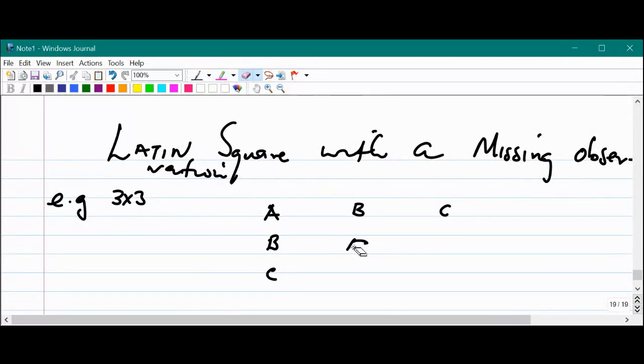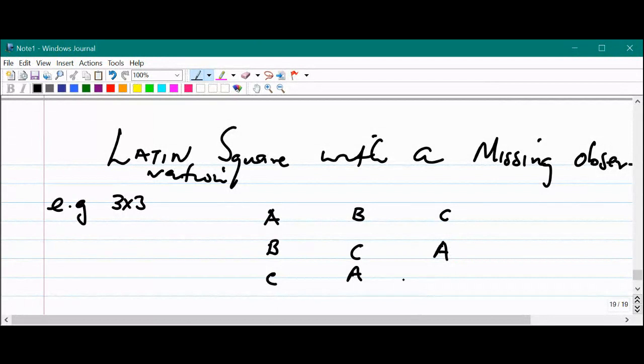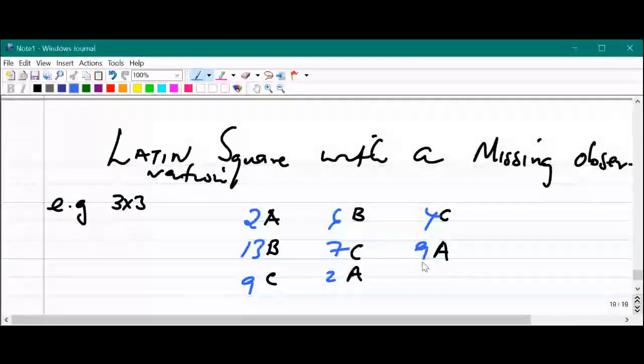No, I said CA. Let's go: AB. We have the values here, maybe 2, 9, 6, 7, 2, 4, 9, right?